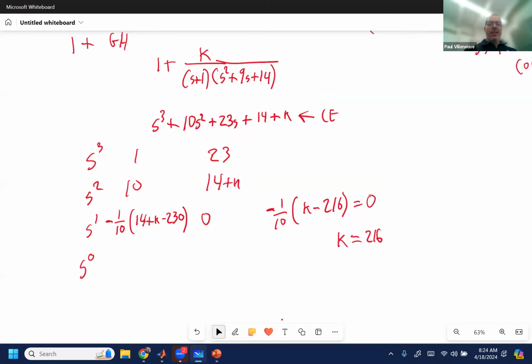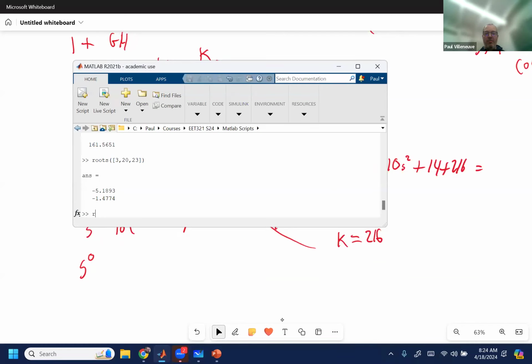So now I'm ready to stuff that into here. So I have 10s squared. This is my auxiliary equation. Plus 14 plus 216. And then I set that equal to 0. So again, let's go ahead and solve for the roots of this equation. Roots of 10s squared plus 230 equals 0. Sorry, 230 equals 0.